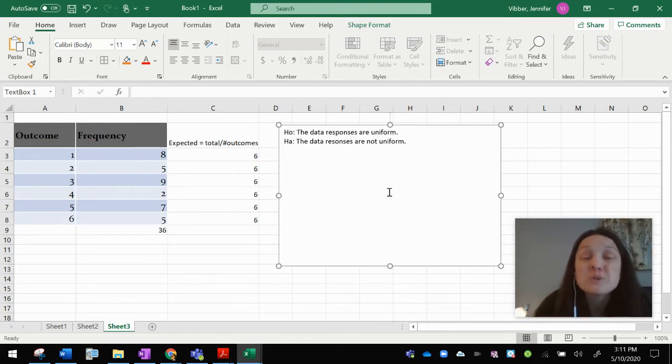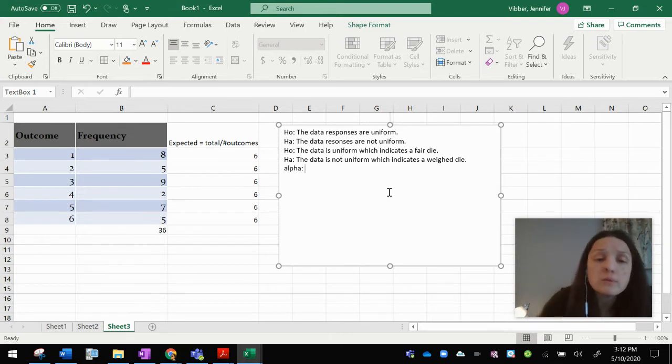More specific hypotheses: H sub 0, the data is uniform, which indicates a fair die. And H sub A, the data is not uniform, which indicates a weighted die.